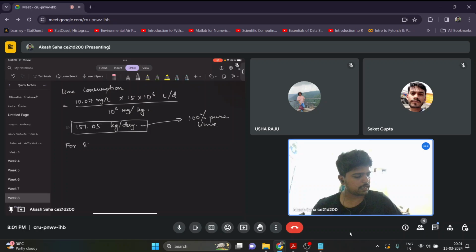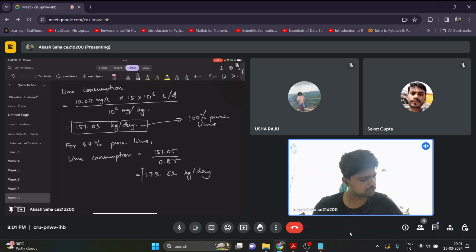So for 87% pure lime, my lime consumption will be 151.05 divided by 0.87, that is 173.62 kg per day. So this will be my actual consumption because the purity is not 100%, it is only 87%. I hope it is clear.